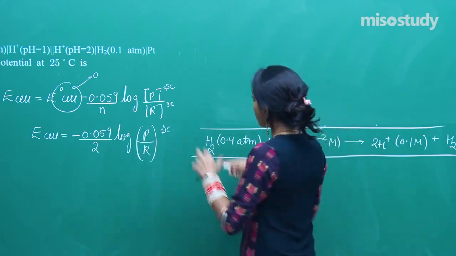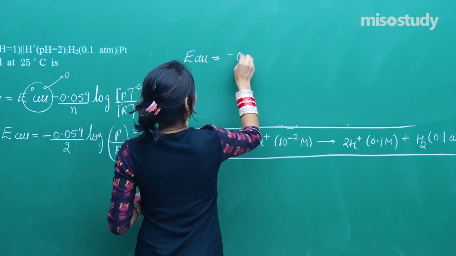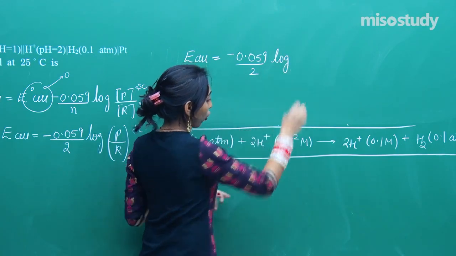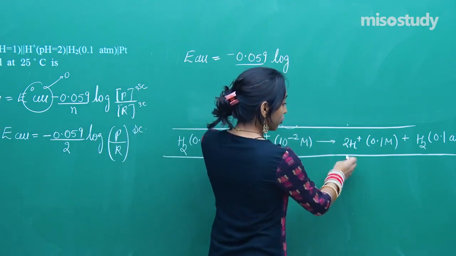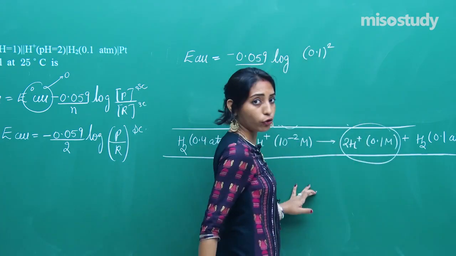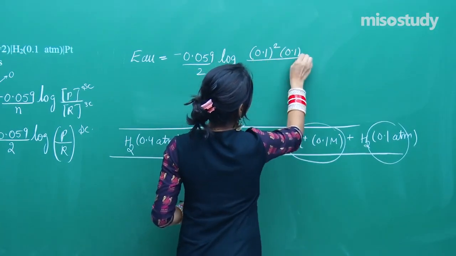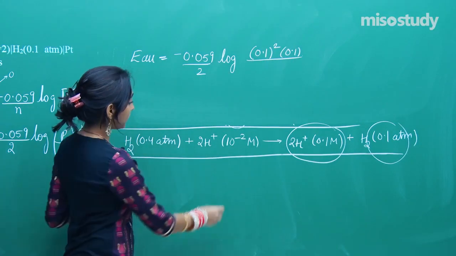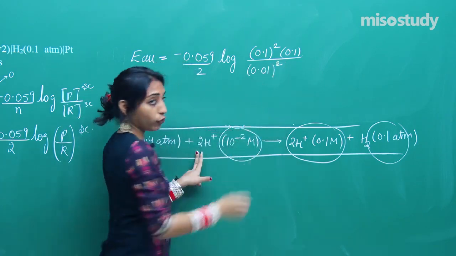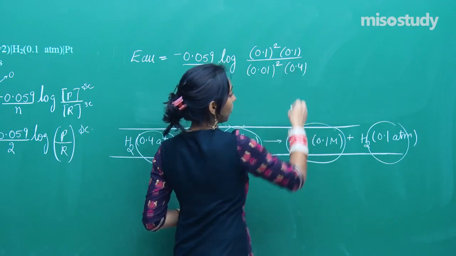So let me start putting the values. The E cell comes out to be minus 0.059 by 2 log of, let's start with the products, 0.1 raised to the power 2, once again 0.1, to be divided by reactants, so 0.01 raised to the power 2, which is to be divided by 0.4.